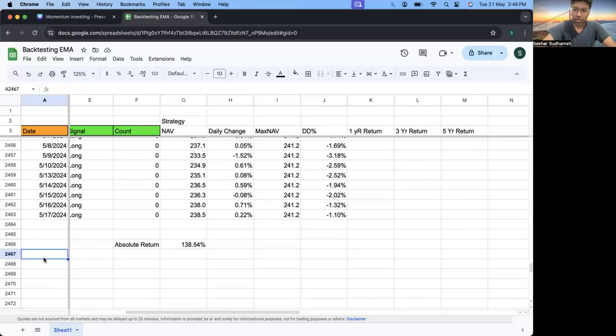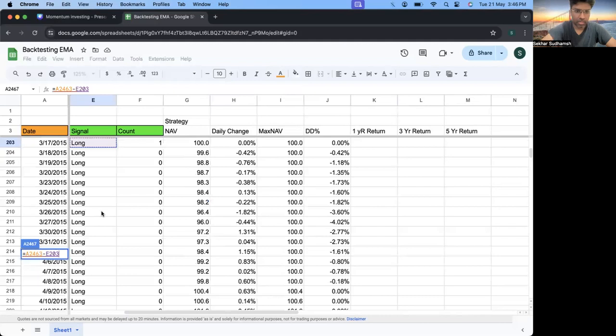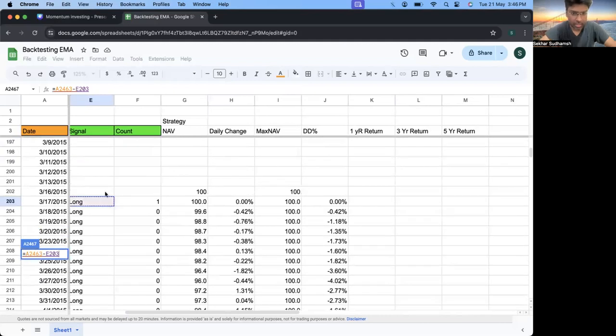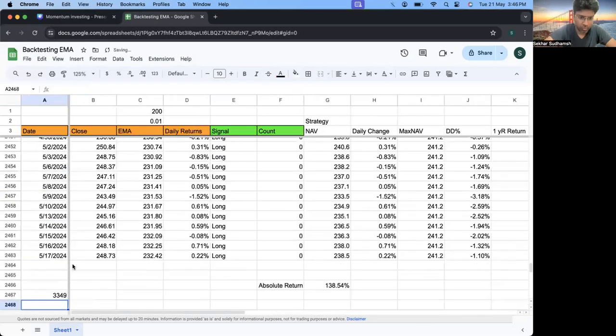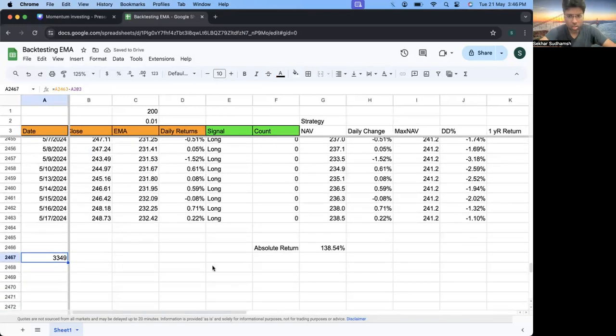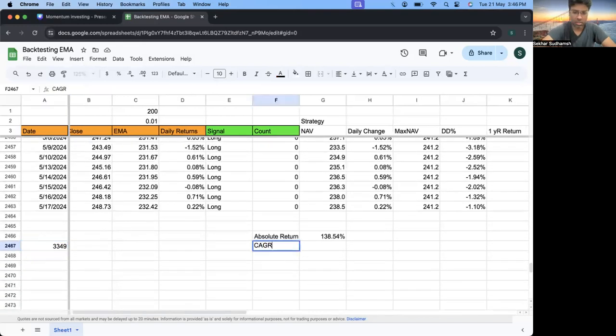So let me calculate the time frame by seeing the difference between the end date and the start date. The start date is 17th March 2015. So we had 3,349 data points over which this strategy was running.